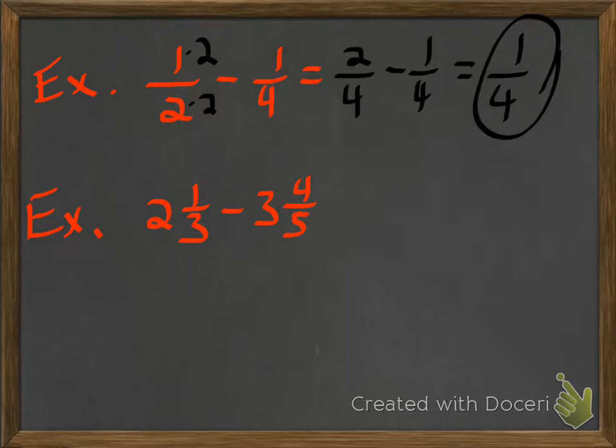And that's it. So let's try the mixed number. Change to improper. We get 7/3. And then we get 19 over 5. Now we have to find a common denominator.